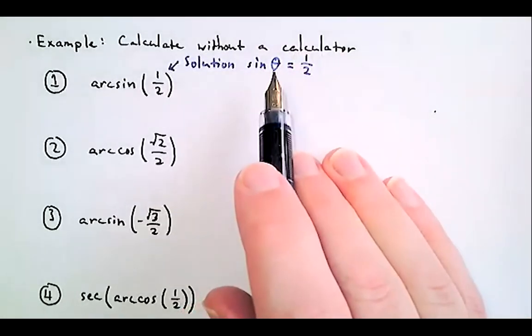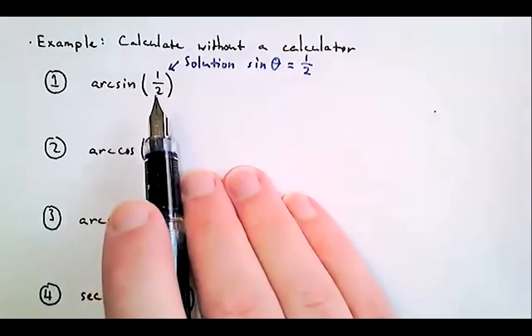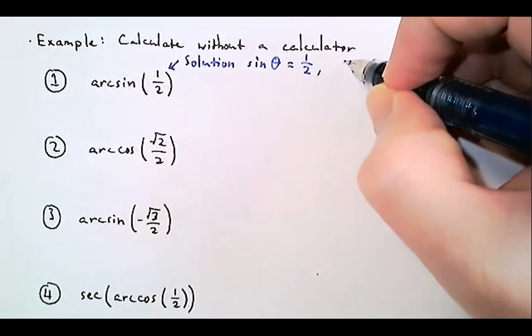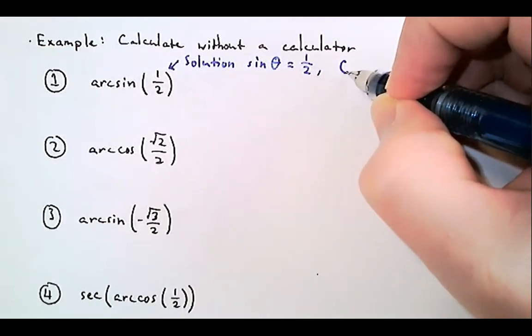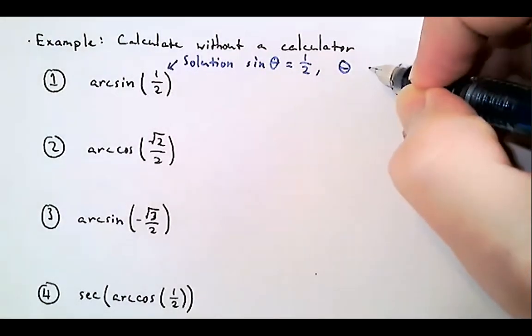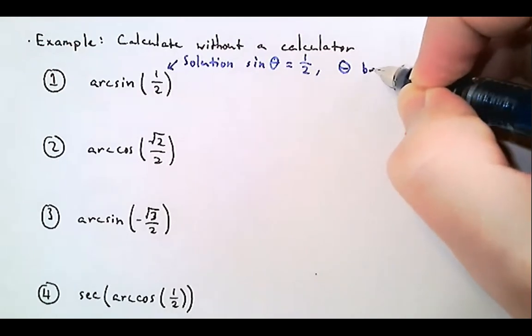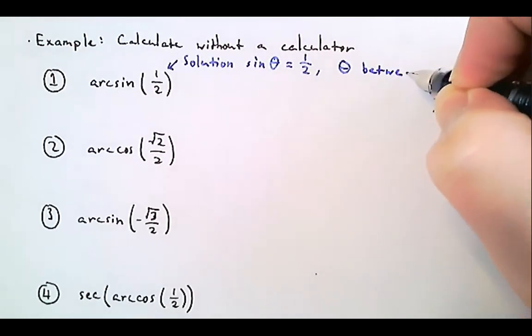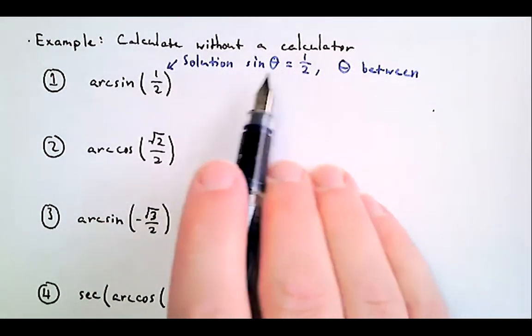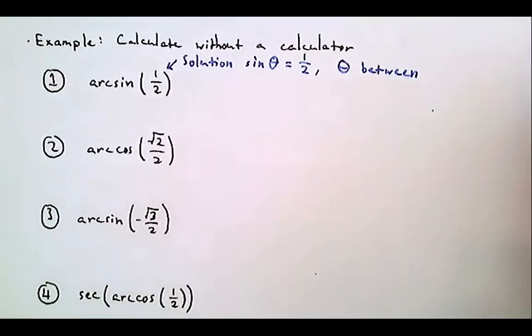What value of theta makes sine equal to 1/2? Keeping in mind that theta, the output of my arc sine function, has to be between -pi/2 and pi/2. So what value of theta is a solution to this? Sine theta equals 1/2.